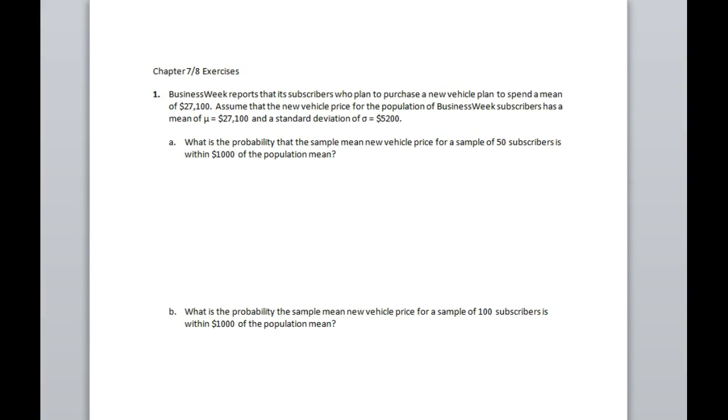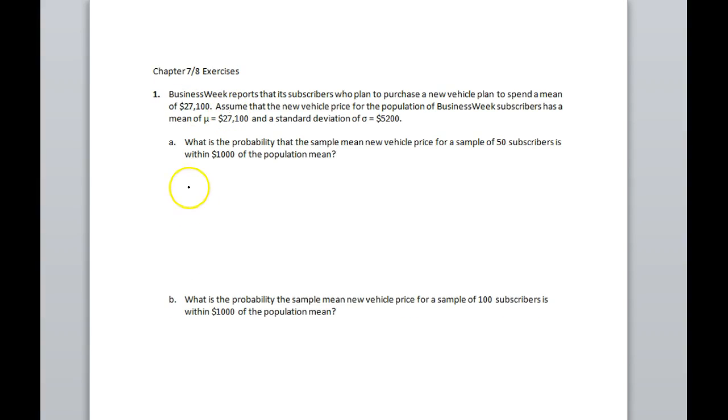Okay, so first let's calculate what our sigma for our sample mean is. The first thing I'm going to do is figure out what our sigma x bar is.